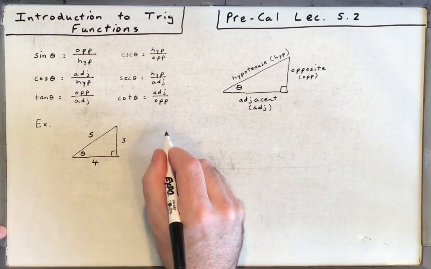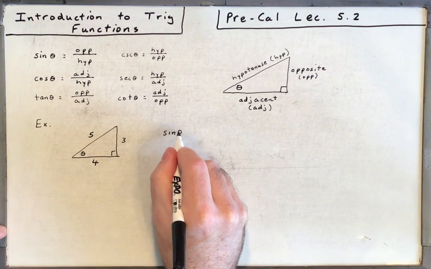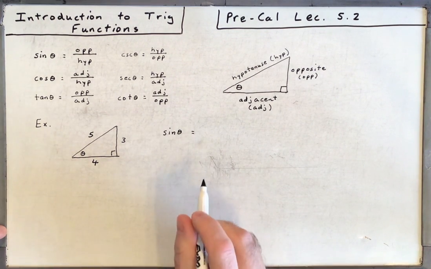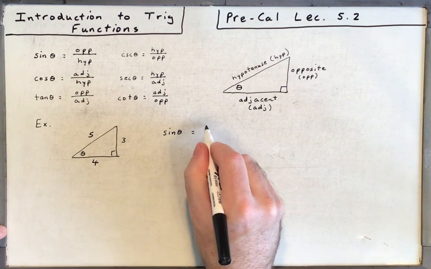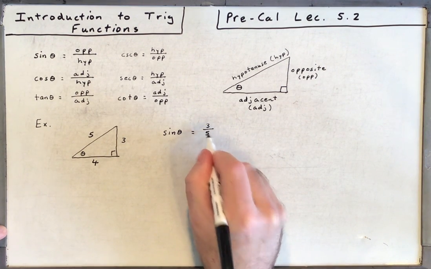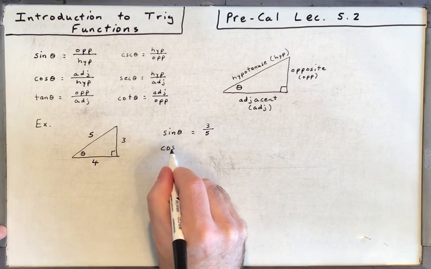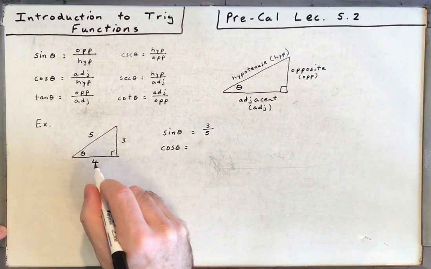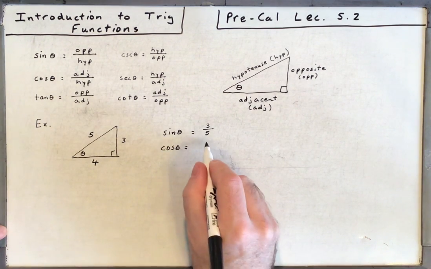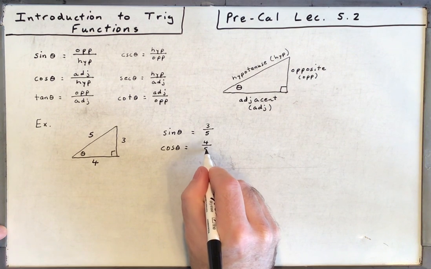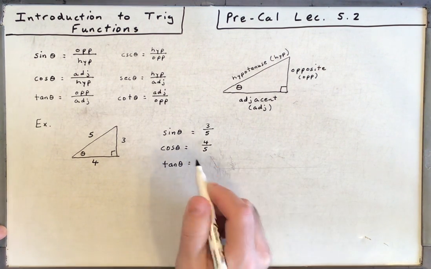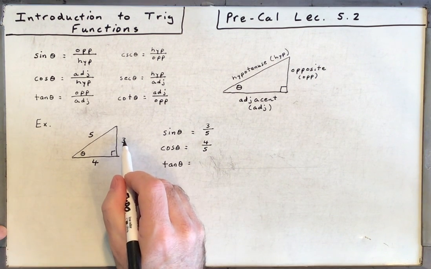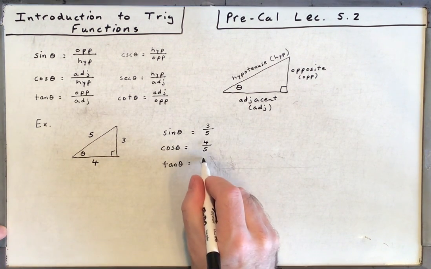So sine theta is opposite 3 over hypotenuse 5, so 3/5. Cosine theta is adjacent 4 over hypotenuse 5, so 4/5. Tangent theta is 3 opposite over 4 adjacent.